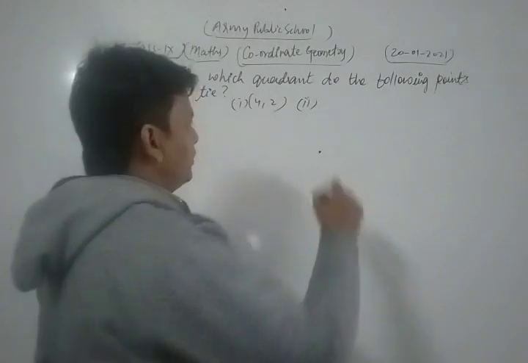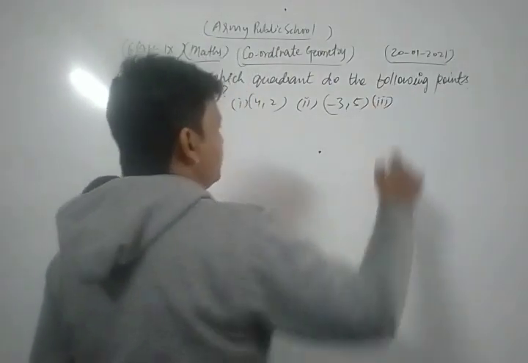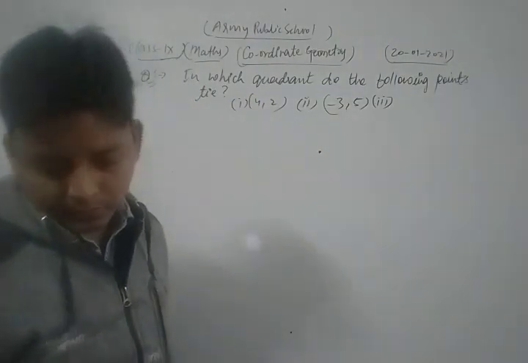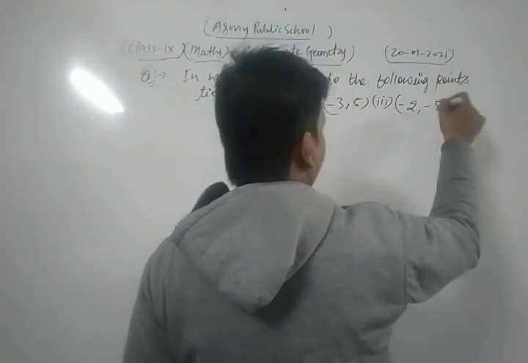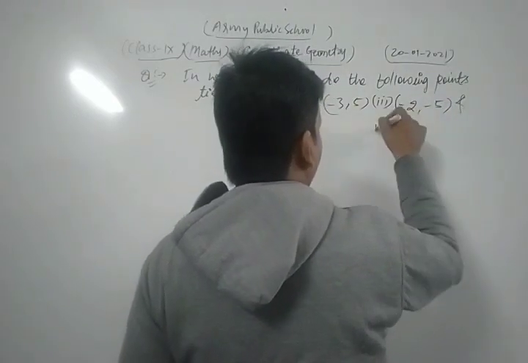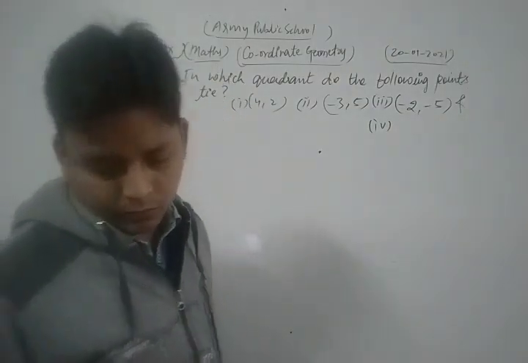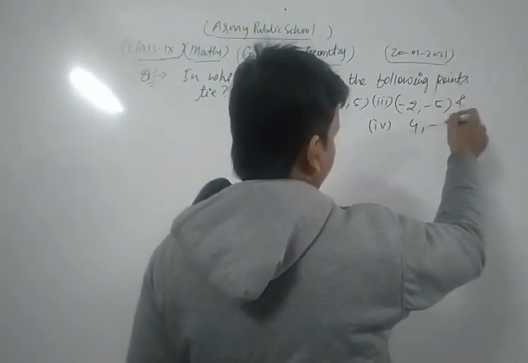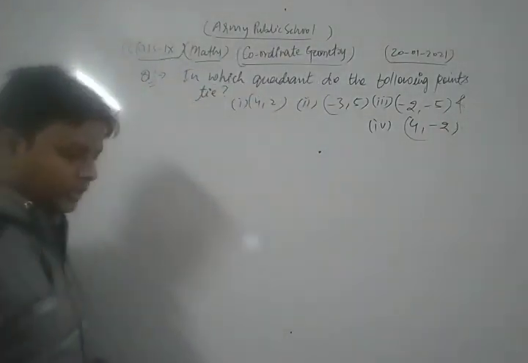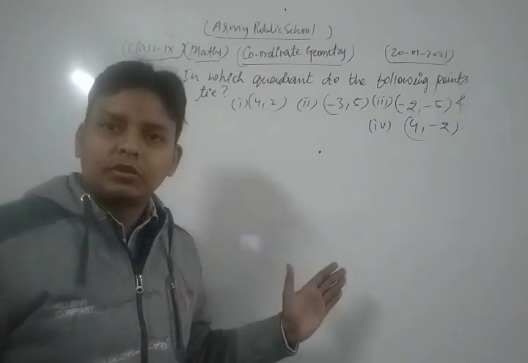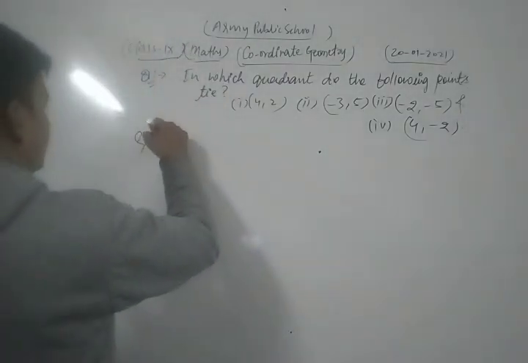The second one is minus 3, 5. The third one is minus 2, minus 5. And the fourth one is 4, minus 2. Okay. Now we discuss all these questions one by one. Let's see the solution.